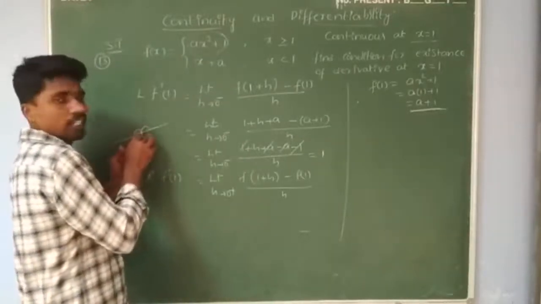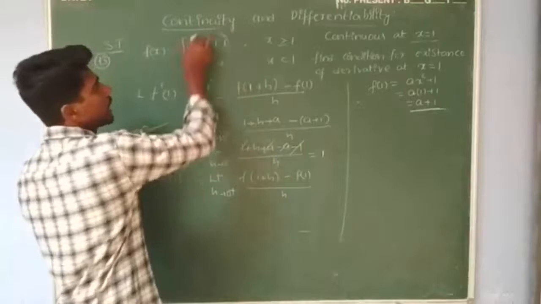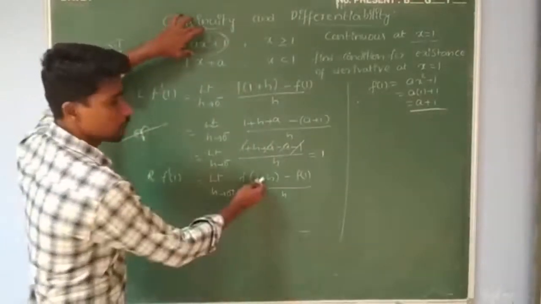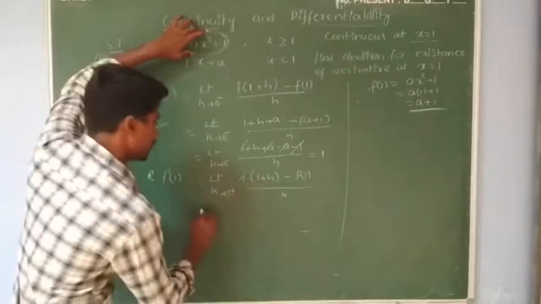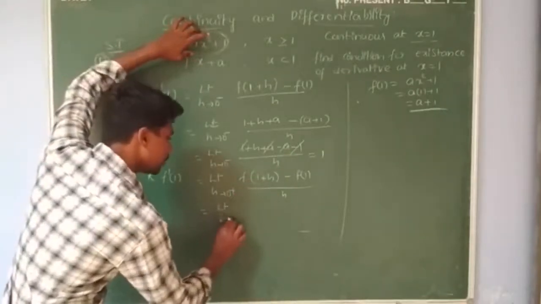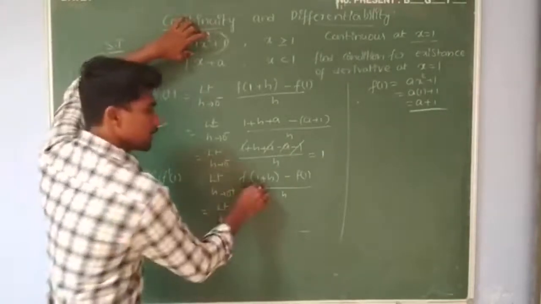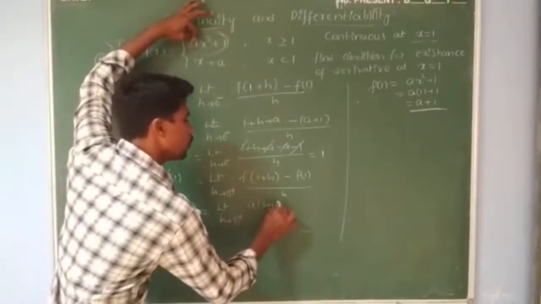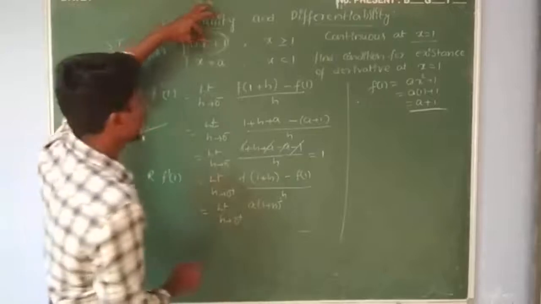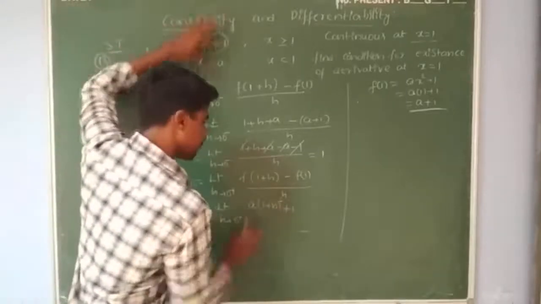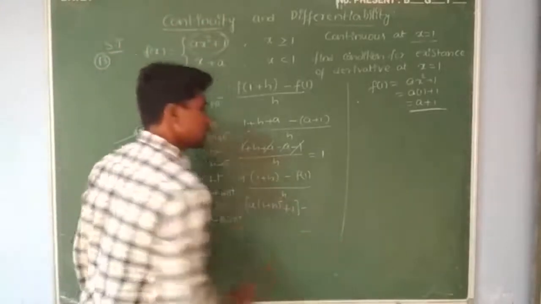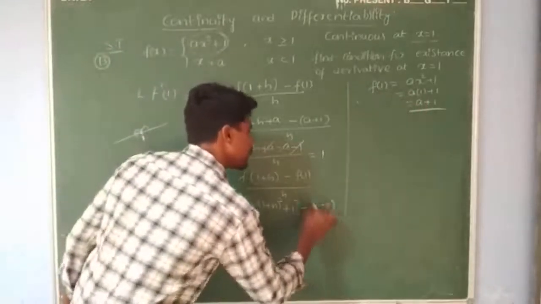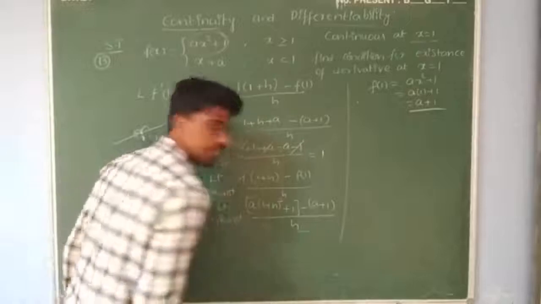What is that particular function? The function is defined as ax square plus 1. So in this particular case, I have to substitute 1 plus h. Now I get limit h tending to 0 plus f of 1 plus h, which is nothing but equal to a into 1 plus h the square plus 1 minus, we have found f of 1 value, which is nothing but a plus 1, put it in the bracket, by h.